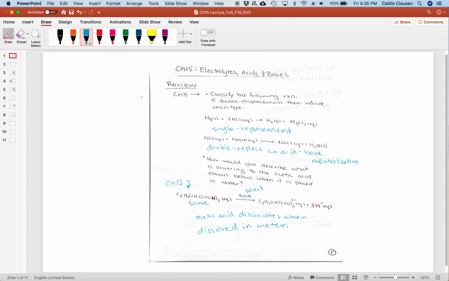So an important distinction here is between dissolved and dissociates. When we say something is dissolved, we're saying a solute is placed into a solvent, and only the intermolecular forces between the entire molecules are disrupted.